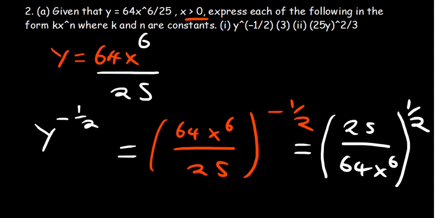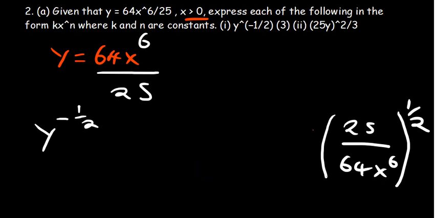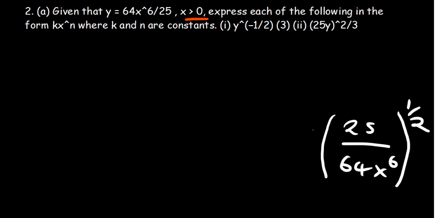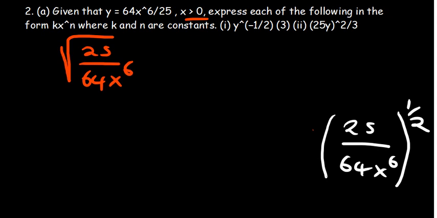Raising something to the power 1 over 2 is the same as the square root. So let me show that a bit more. We have the root of 25 over 64x to the power 6. That's what we have in such a case.